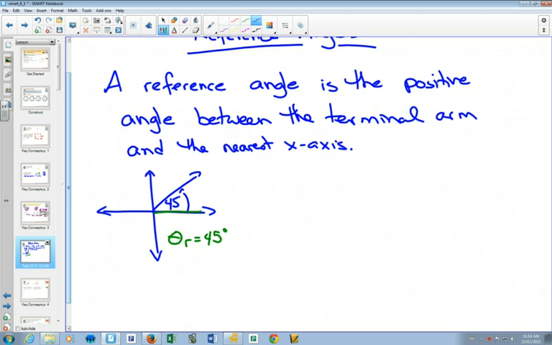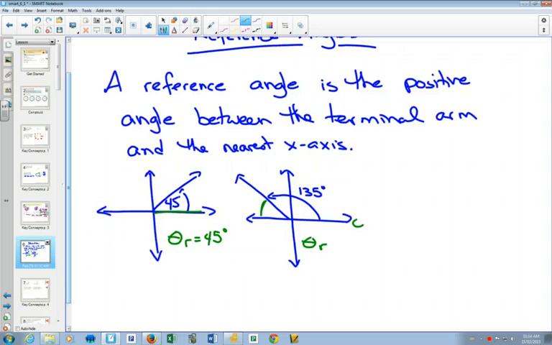But if we go to quadrant 2 and draw an angle of 135 degrees, this angle to the nearest x-axis would be here. And again, this is where it's important that you know this is 0, 90, 180, 270.